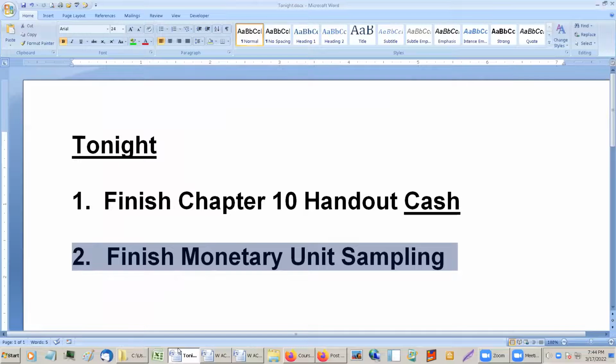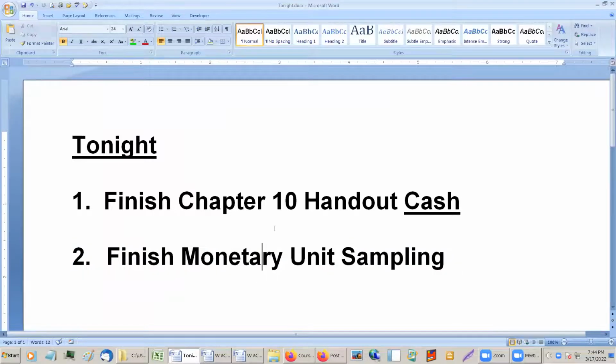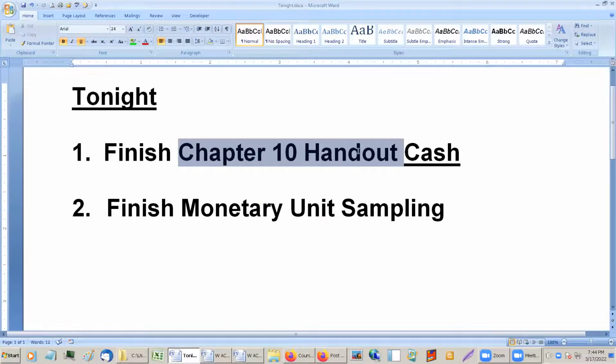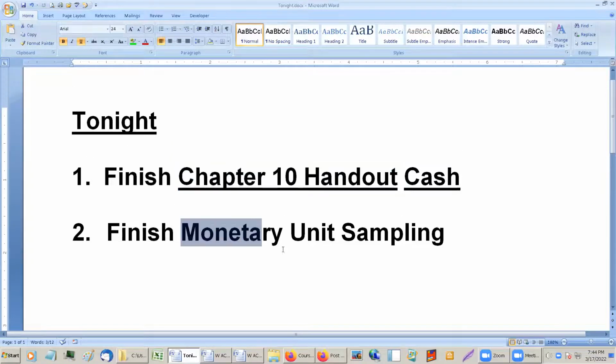So for this week, you turn in the chapter 10 handout. Actually, let me write this in. Okay, so turn in the chapter 10 handout and the monetary unit sampling handout.